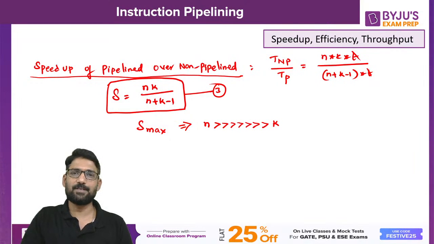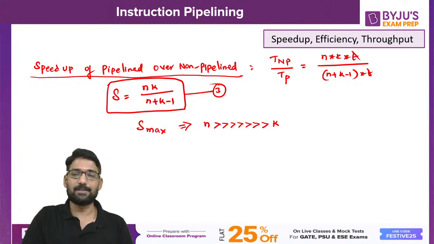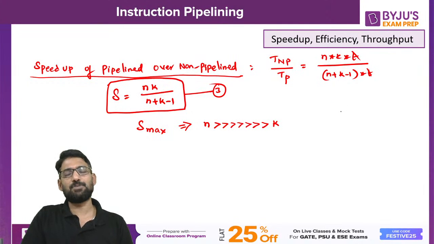Maximum 5 stages. Even if you consider, you can take 10 stages, 20 stages, but the number of instructions will be in millions, lakhs, billions. So when n is much greater than k, then n plus k minus 1 will be almost equal to n.